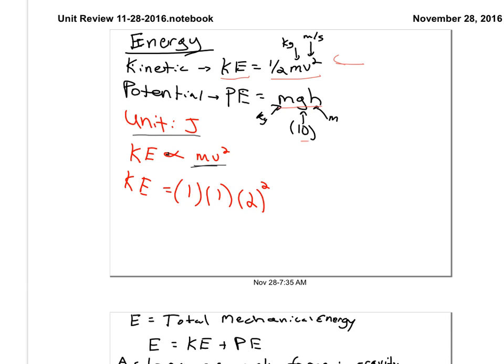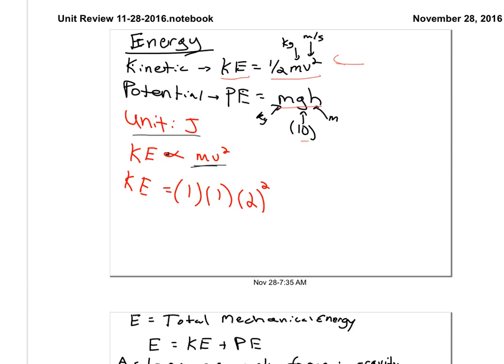If mass goes up, kinetic energy goes up. If velocity goes up, kinetic energy also goes up. And whenever we double or half or triple the mass, the same thing happens to the kinetic energy. It is directly proportional to the mass.